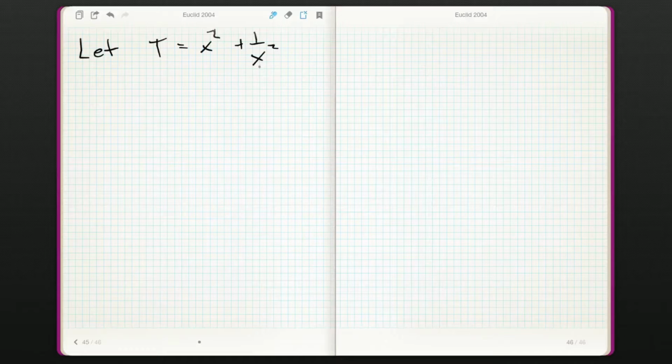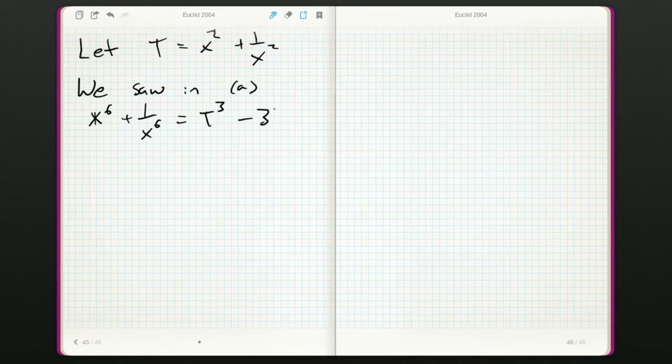Okay. Then we saw in part A, x to the 6th plus 1 over x to the 6th is t cubed minus 3t. No 0 here.